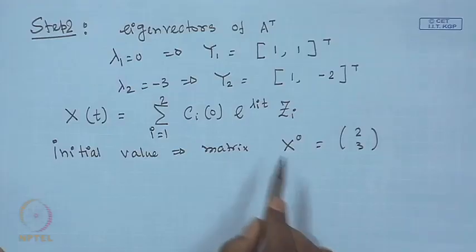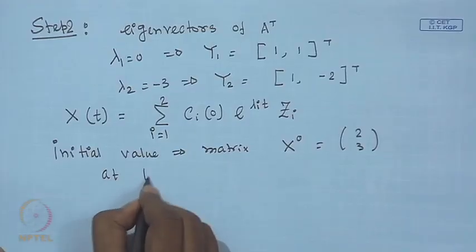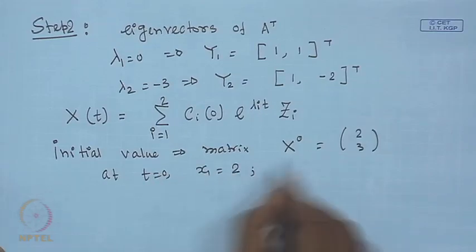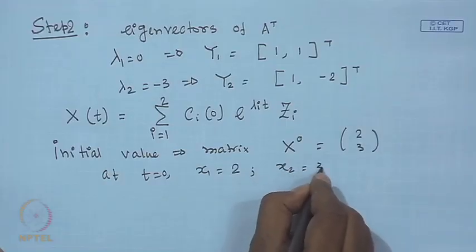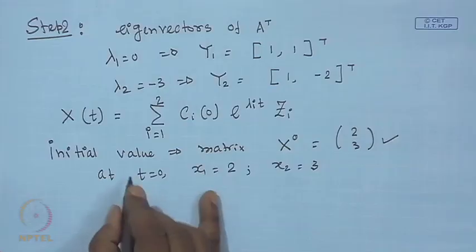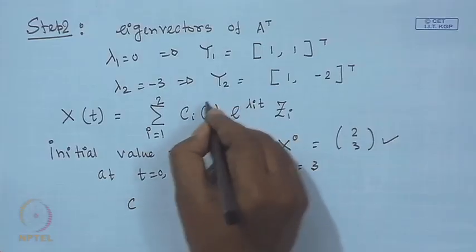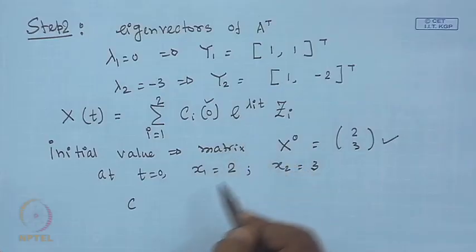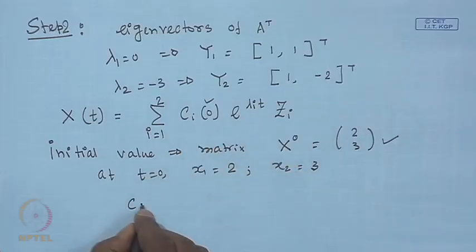That means at time t equal to 0, x 1 is equal to 2, and x 2 is 3. Then you will be in a position to compute the C i naughts, because now the z i's and lambdas are all determined.